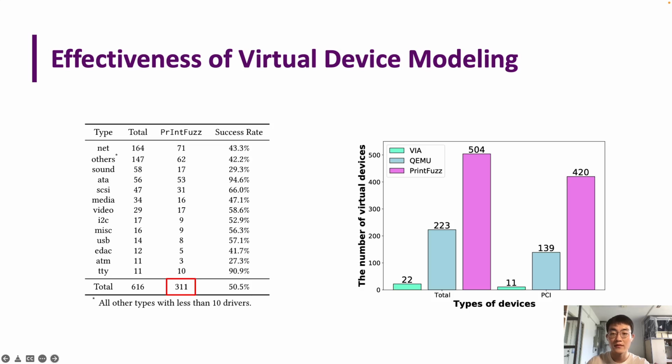The number of virtual devices supported by PrIntFuzz has increased considerably from the original QEMU and the VDF. VDF could be extended to support more virtual devices, but requires much manual effort to write configuration templates. On the other hand, PrIntFuzz supports 2 times more PCI devices than QEMU.